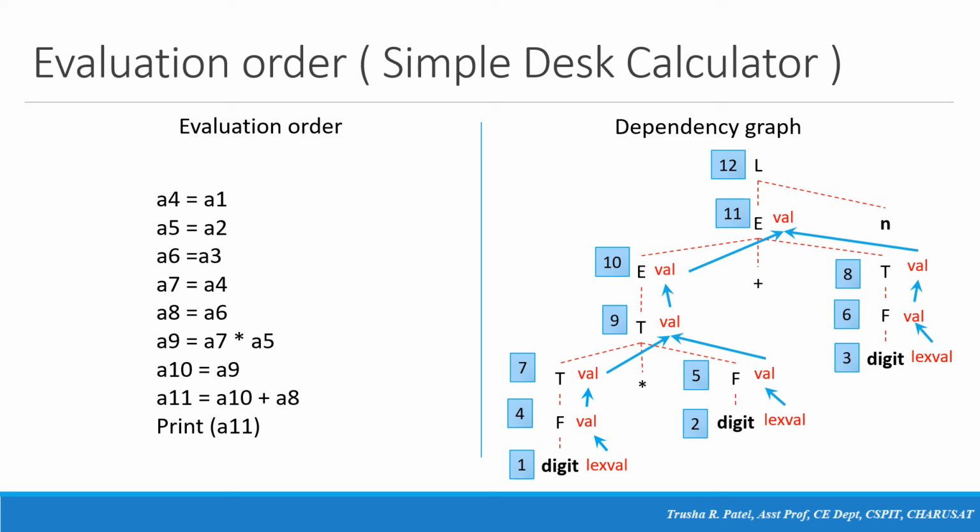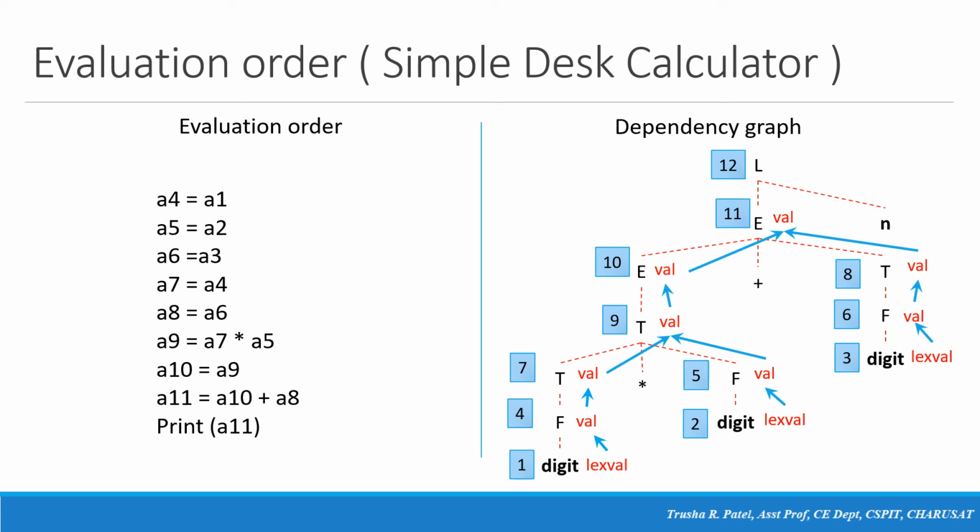So your evaluation order can be: expression 1 will be calculated first, and that will be assigned to E4. You can follow this 1, 2, 3, 4 as per the sequence which I have mentioned in the dependency graph. So the first value will be assigned to 4, then the second value will be assigned to 5th, then the third value will be assigned to 6th. After that, 4th will be assigned to 7, then 6 will be assigned to 8. Then 9 will be calculated as 7th multiplied by 5th value. Then 10 will be calculated from the 9th, so simply the 9th value will be carried forward to 10th.